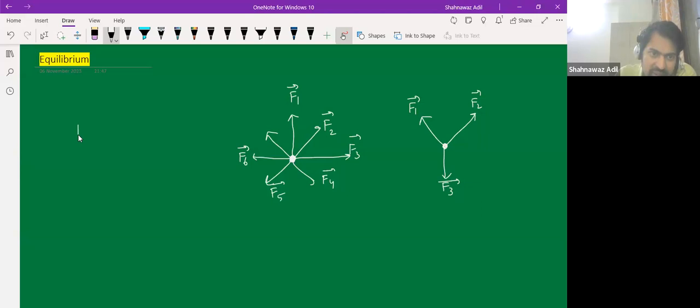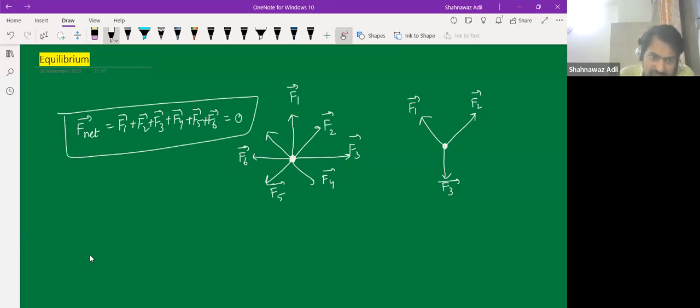So if I calculate F net, that would be F1 plus F2 plus F3, F4, F5, F6, and they are cancelling out each other, which means that it is 0.